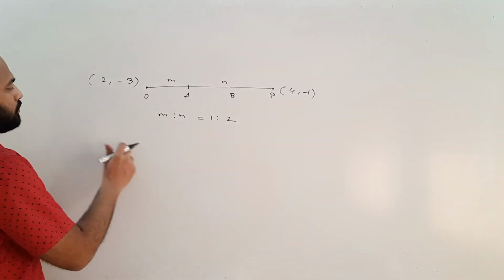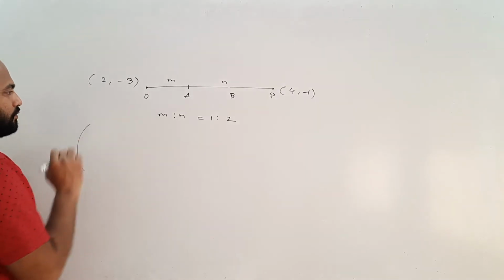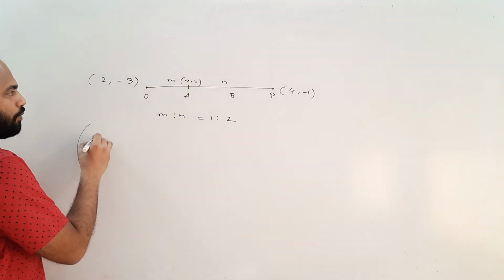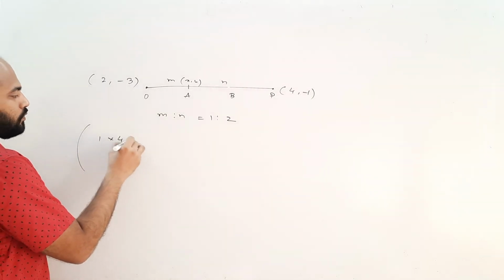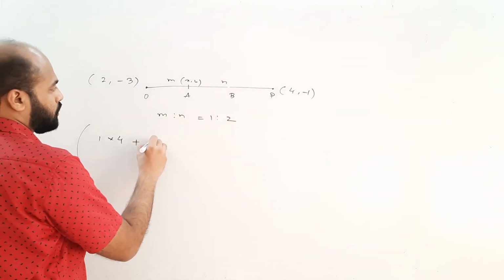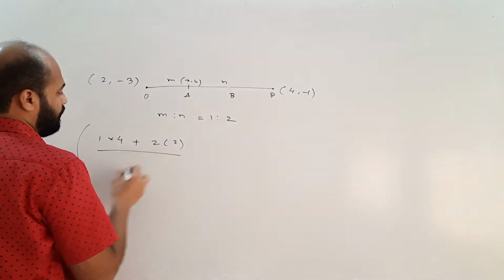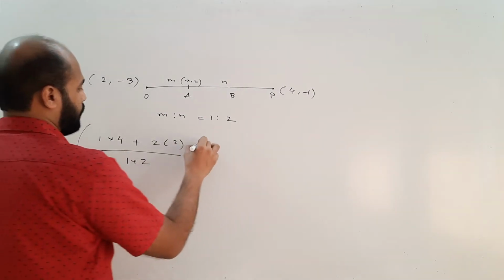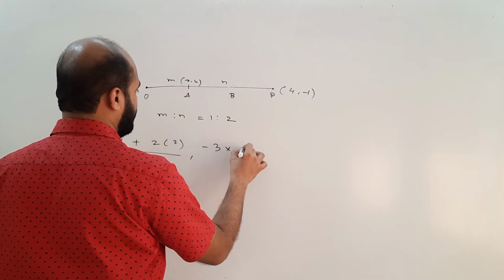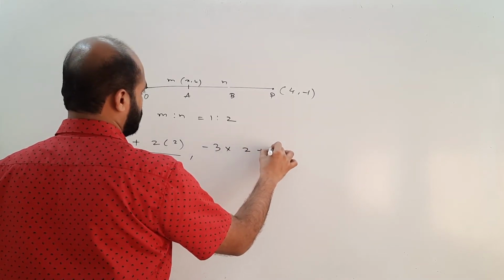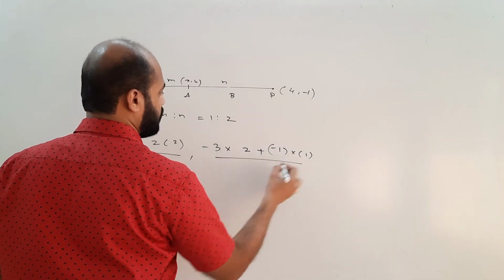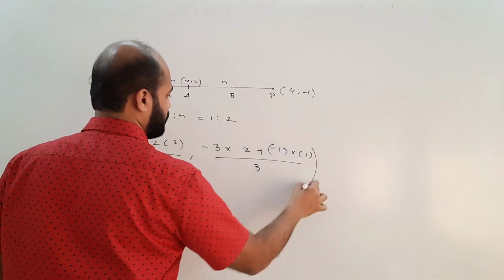So this is one point of trisection. Let's say that we have to find first x. So x, y, x would be given as (1 into 4 plus 2 into 2) divided by (1 plus 2), comma (-3 into 2 plus -1 into 1) divided by 3.